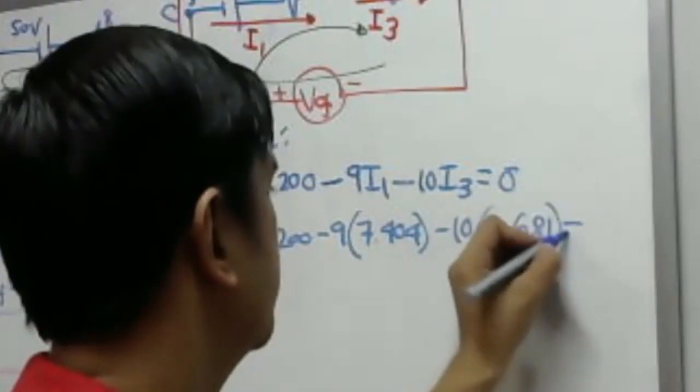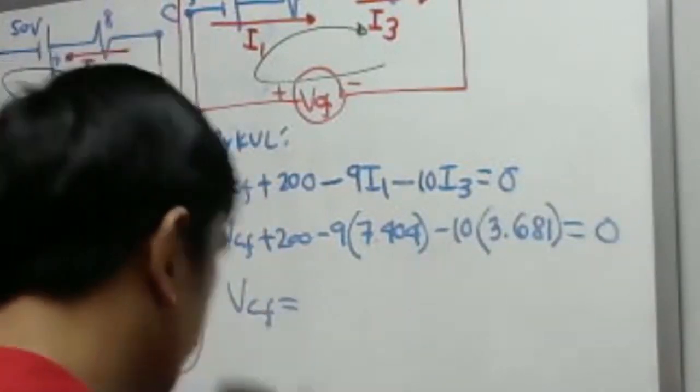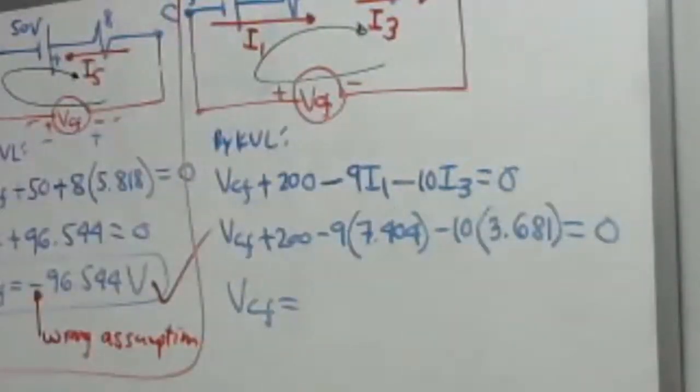That is equal to 0. Okay, will you calculate this in your calculator, guys? Come on. So we have 200 minus 9 times 7.404 minus 10 times 3.681. That is equal to still.